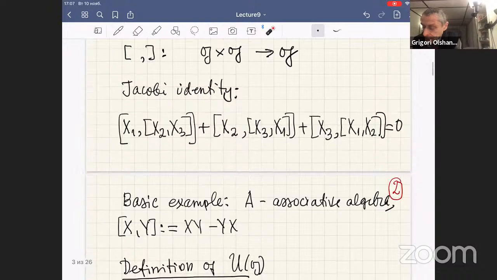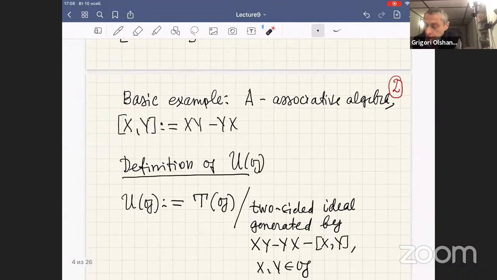And the basic example is the following. Take an arbitrary associative algebra A and turn it into a Lie algebra by proclaiming the bracket between two elements x and y as the commutator. Then all the necessary conditions are satisfied because this operation is skew-symmetric and satisfies the Jacobi identity, which is easily verified.